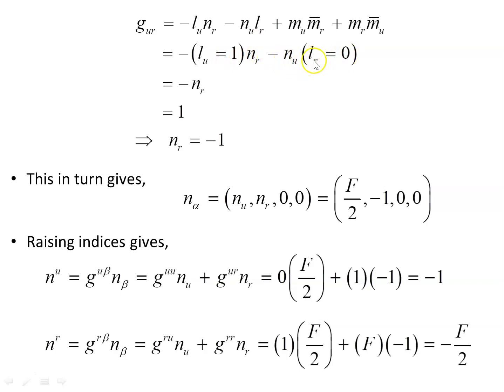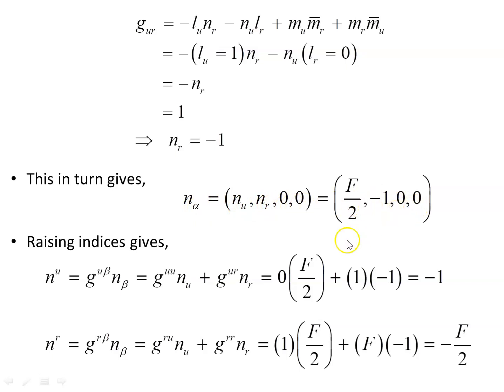Well, LR lowered was 0, so that disappears. So all we're left with is this first term here, and we know that LU is 1. So that's just minus NR, which is equal to 1. So NR is negative 1. So that in turn gives us N with the lowered index alpha is these components here, which is just this object here.